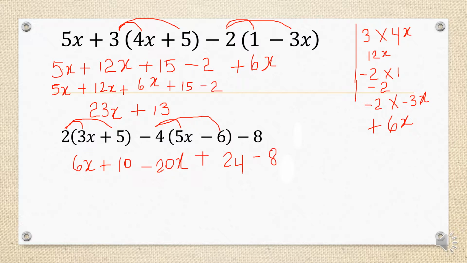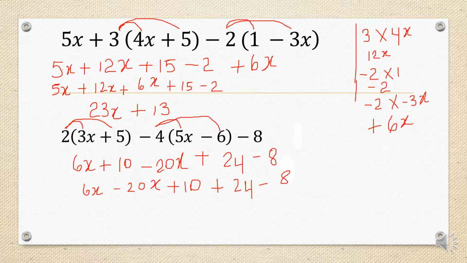What can I do next? Group my like terms together. So I have 6x minus 20x, and my numbers, I have plus 10 plus 24 minus 8.